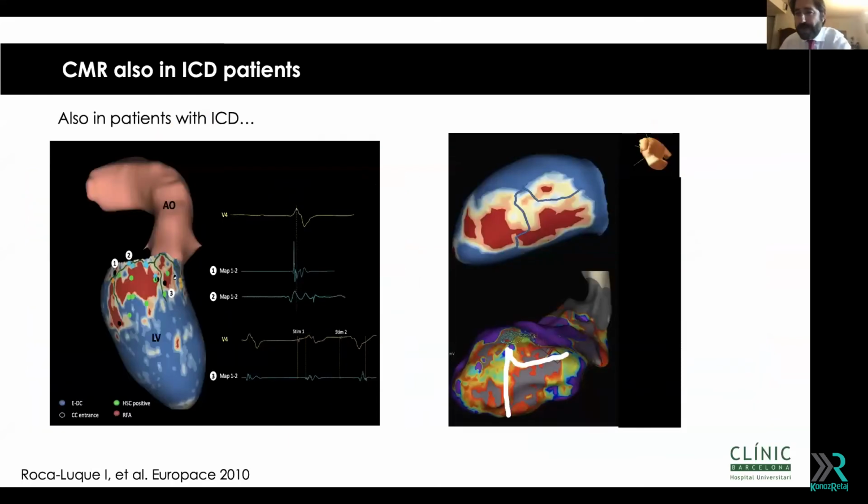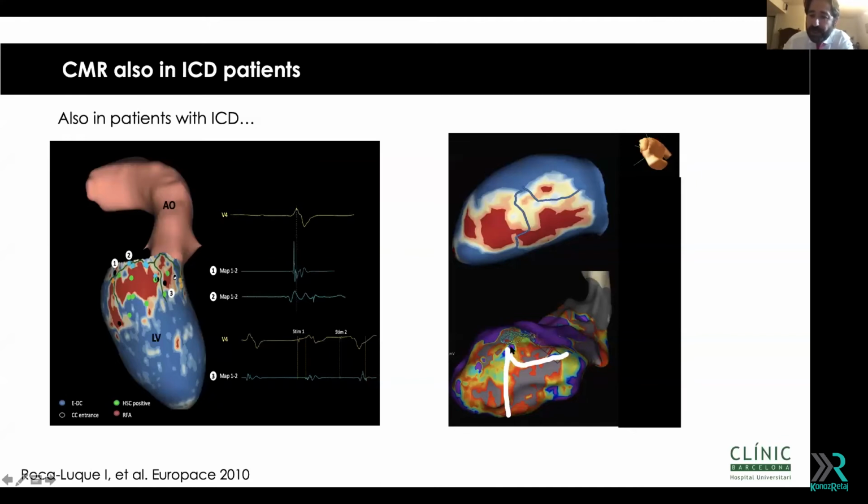And what about patients with ICDs? We published recently, it's not 2010, it's 2020, some months ago, that even in patients with ICDs, you can perform MRI with a special wideband sequence, and you can have this kind of MRI maps with the scar channels.